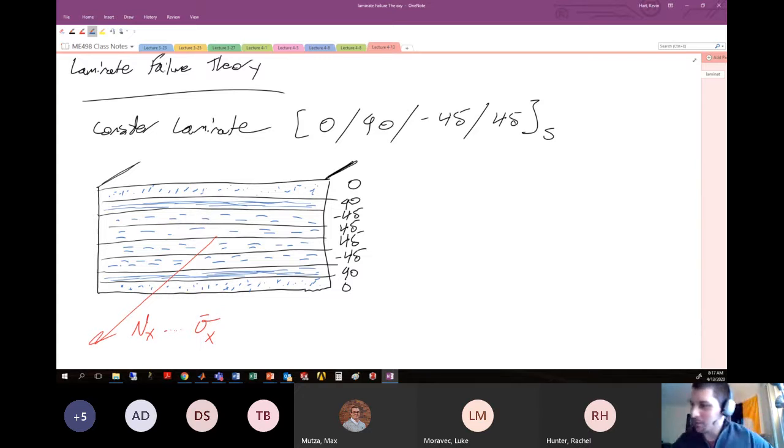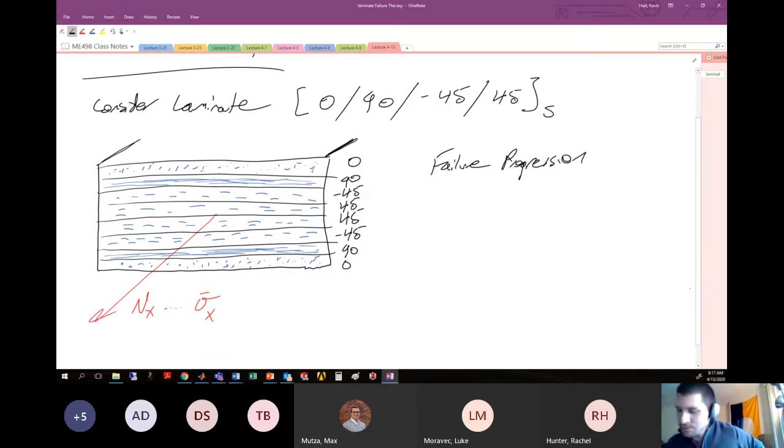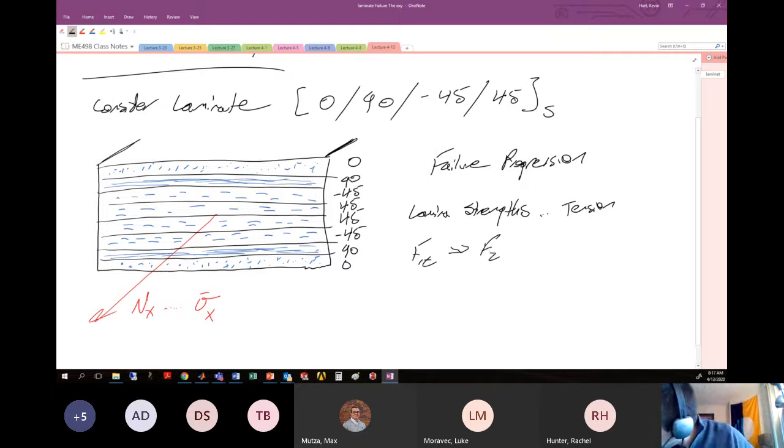So what is the failure progression going to be? Well, what do we know about individual lamina strengths generally? We generally know that in tension, F1T is way, way bigger than F2T.